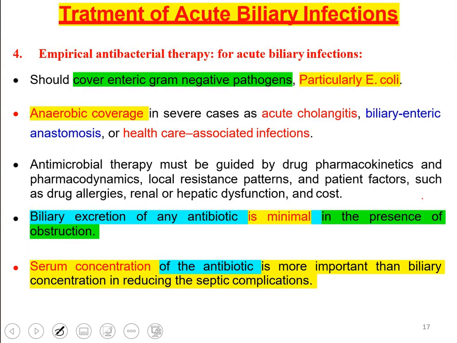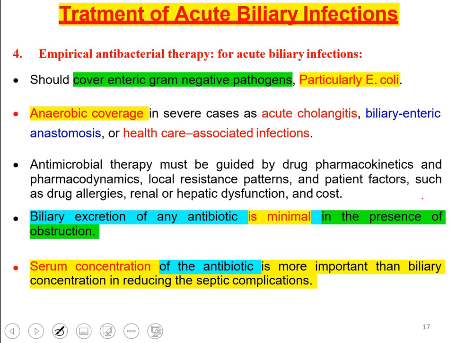So treatment of acute biliary infection, in this particular case, as it continues from the last few pages: empirical antibiotic therapy should be given. Empirical means that antibiotics shall cover gram-positive, gram-negative, Enterobacteriaceae, and anaerobes, and for that you have to give metronidazole and a combination with ciprofloxacin as well.